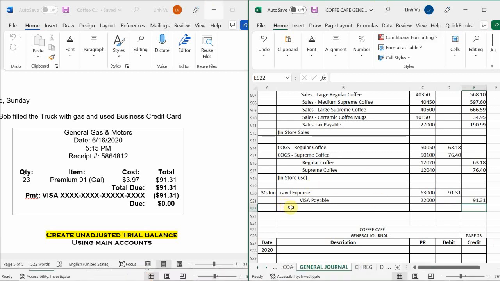And last but not least, what should my description be? General Gas and Motors. Sales receipt number 58812.